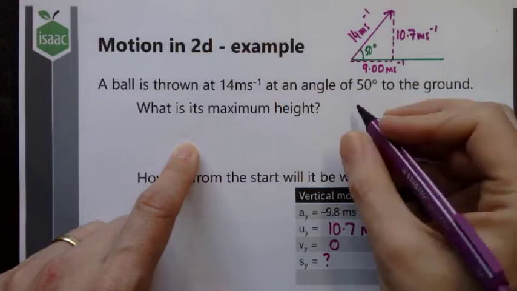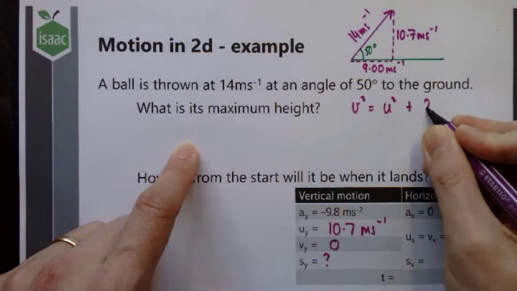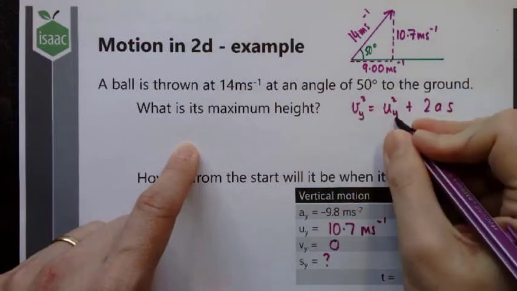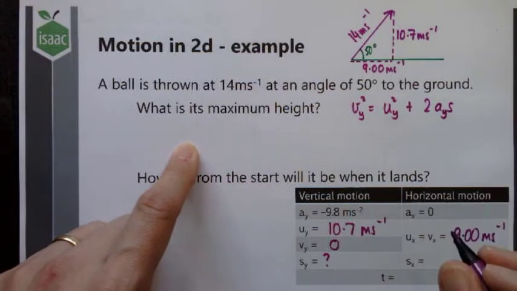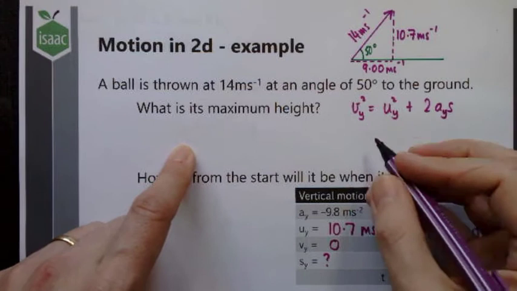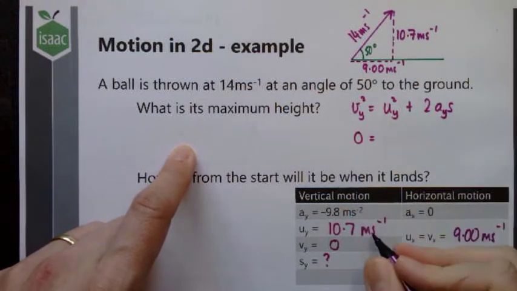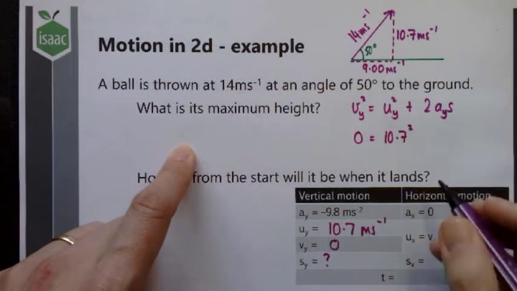So remember, we have v squared equals u squared plus 2as. We're applying this vertically, so I'm going to put little y's there to remind us, and then we can substitute the numbers into the equation. So I have vy is 0, and that must equal uy squared, that's 10.7 all squared, plus 2a.